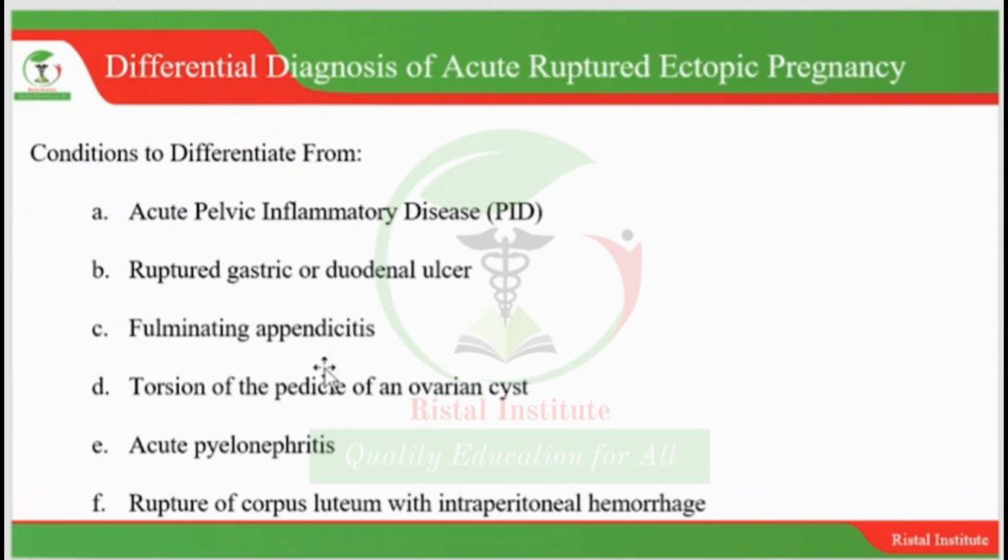Here we have acute pelvic inflammatory disease, ruptured gastric or duodenal ulcer, fulminating appendicitis, torsion of the pedicle of an ovarian cyst, acute pyelonephritis, rupture of corpus luteum with intraperitoneal hemorrhage.